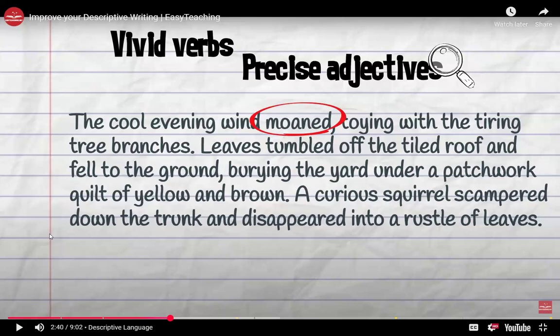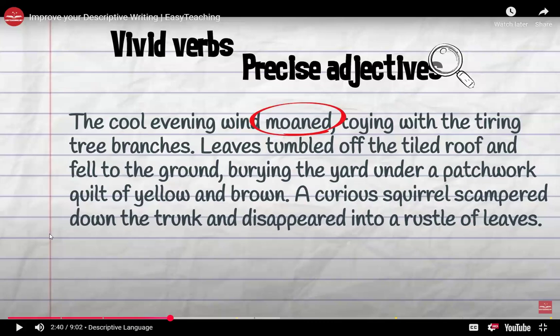Anybody see any others? Tiring, absolutely. I see one more. Scampered, yeah, we did scampered. Rustled, oh yeah. Rustled, I also see burying. So he's burying the yard.